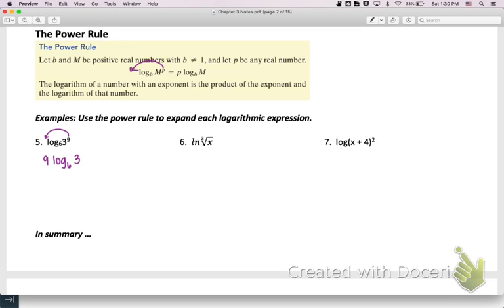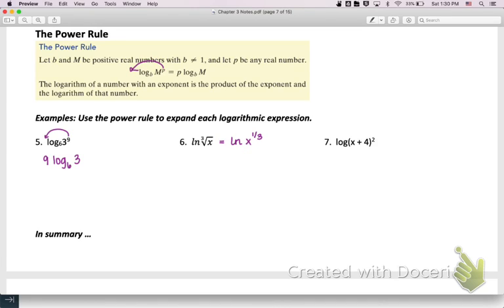Now, there are no rules for radicals, but that's because radicals are just exponents in disguise. This is equivalent to the natural log of x to the 1/3. We always switch everything to exponents, and this is a good habit to get into because in calculus, we never work in radicals. We only work in exponents. So we always have to switch everything.